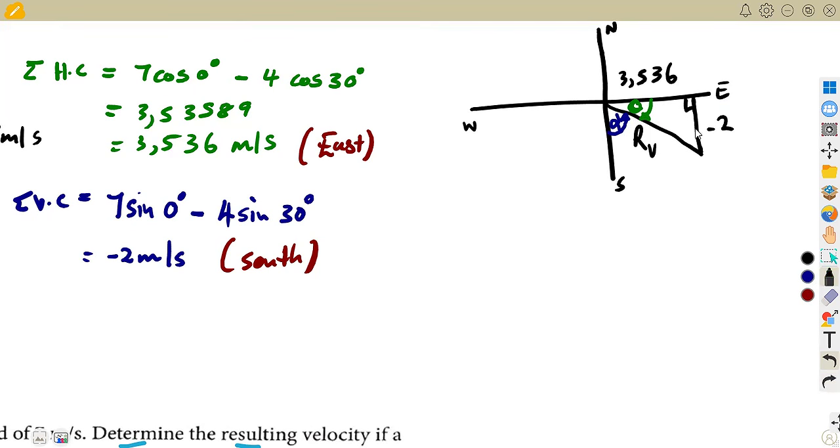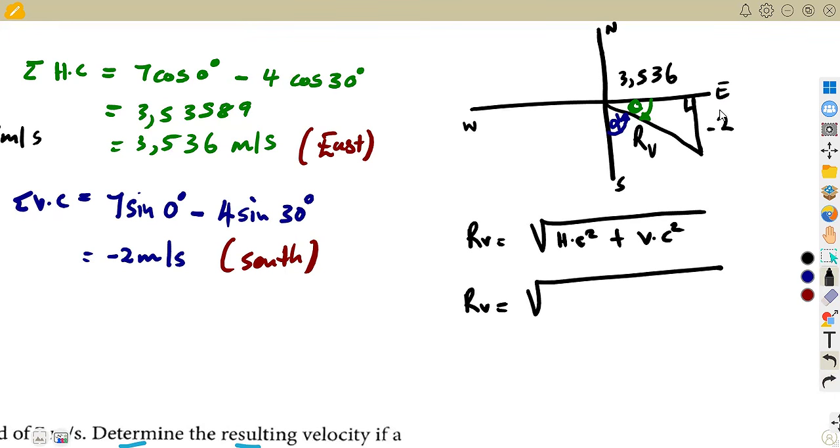All right, so that's it. Let's calculate the resultant. As you can see, it's a right angle triangle. So to have the resultant, you're going to use our Pythagoras theorem. That is, we are still back to the application of those forces. Remember, we are saying horizontal component squared plus vertical component squared. That is the same thing. So it is going to be horizontal, which is 3.5356 squared plus the vertical, which is -2 squared.